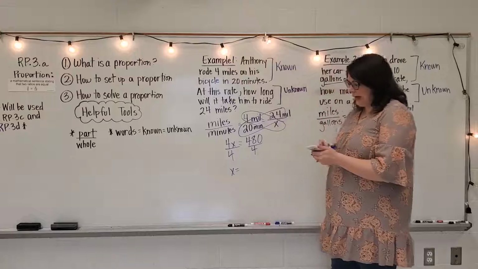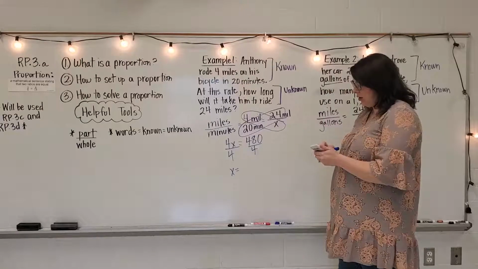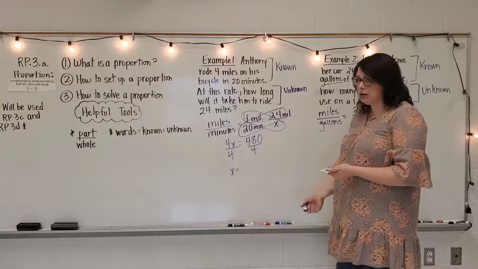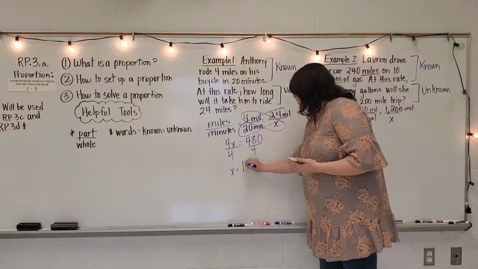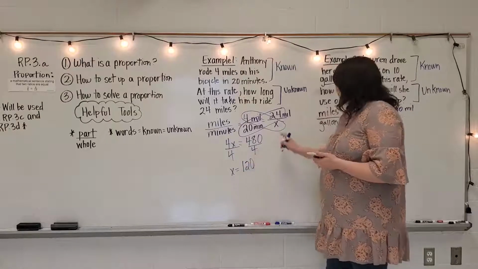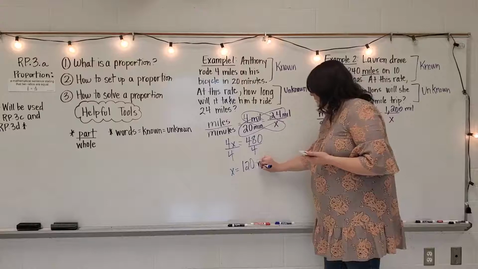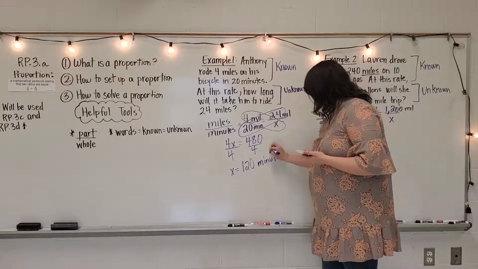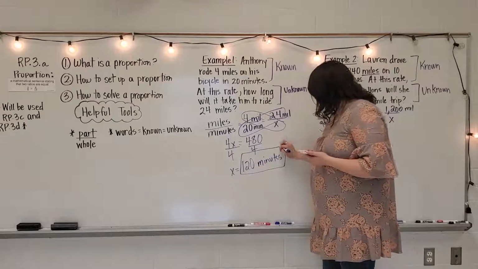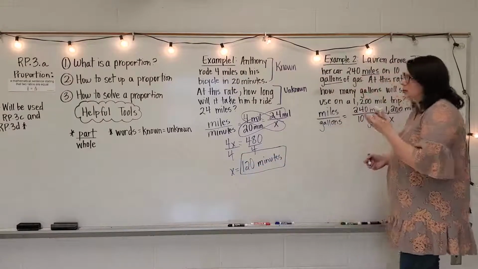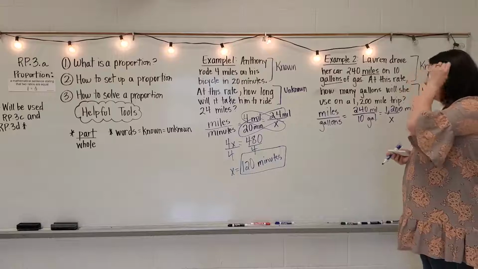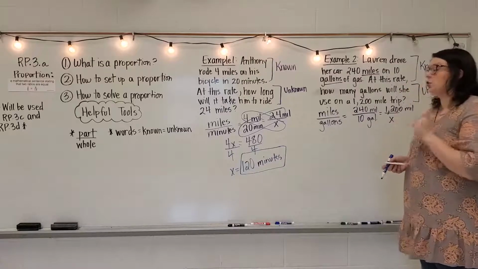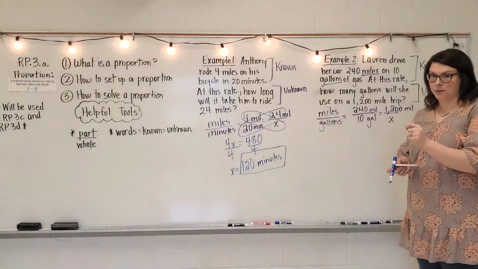And 480, again, you should be able to do this in your head or without a calculator, but you can always use your calculator to check. It's going to equal 120, and we were looking for minutes. So the answer to my question is, it will take Anthony 120 minutes to go 24 miles at this same rate.